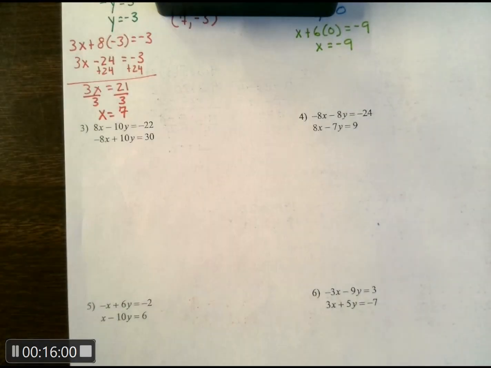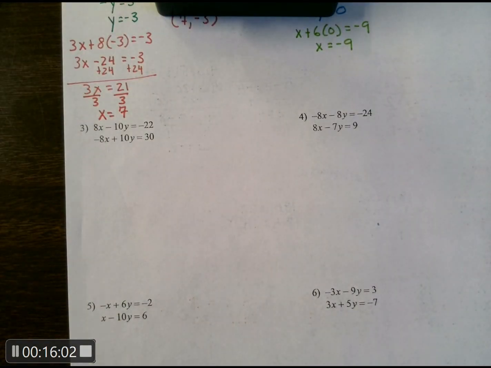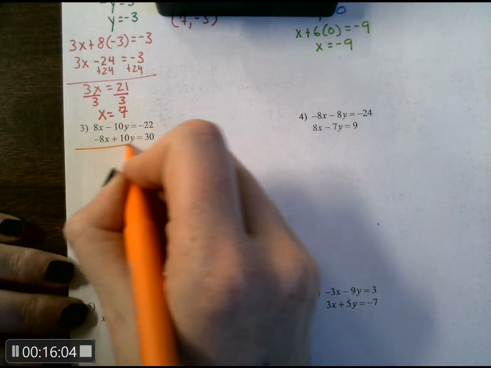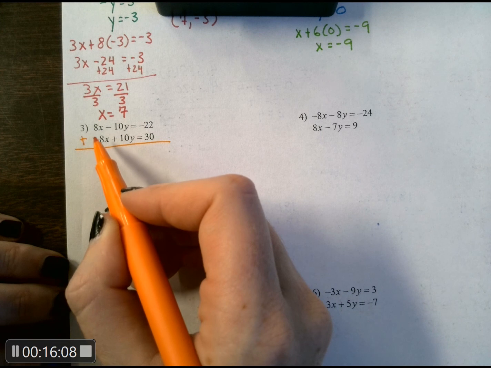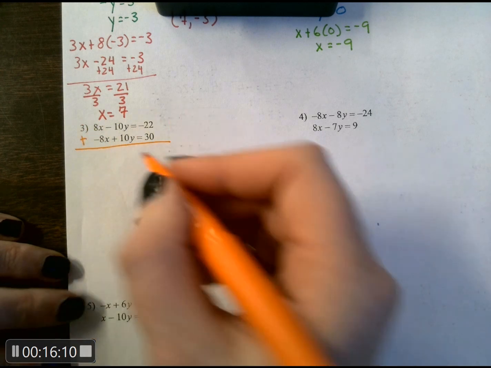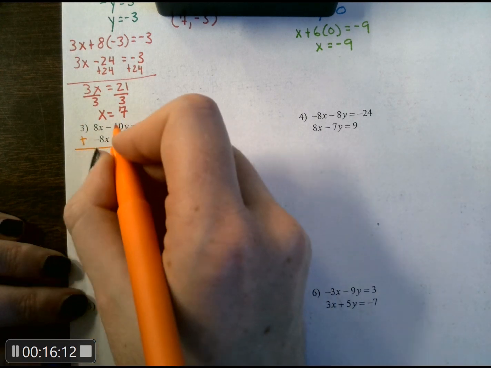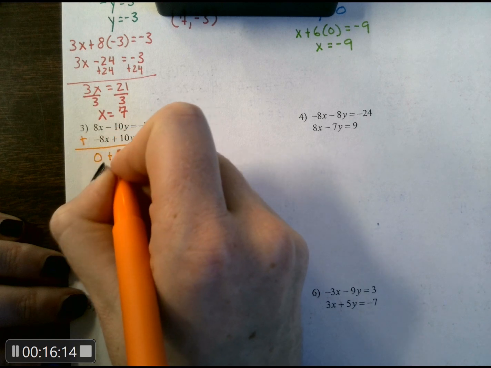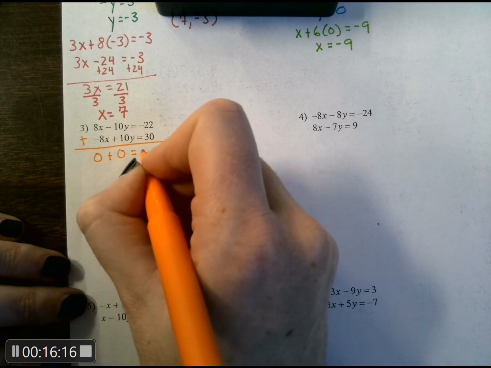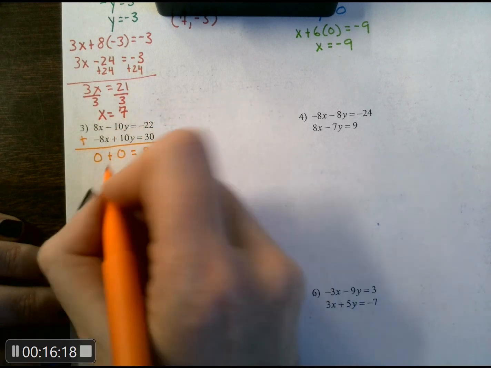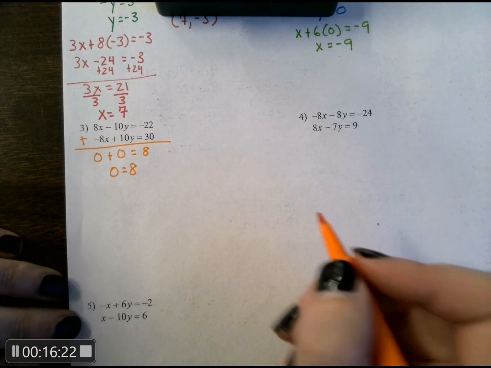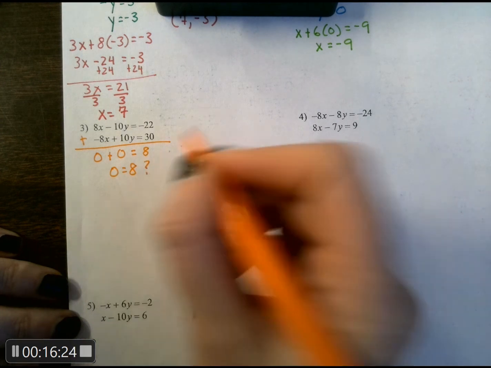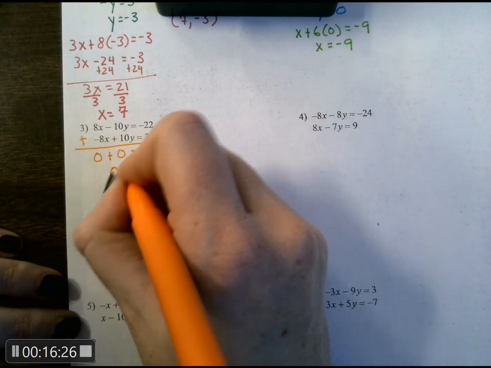Alrighty. For number 3, again, we can just go ahead and add them because our numbers are the same with different signs. So 0 plus 0 equals 8. So we have 0 equals 8. Is this true? Does 0 equal 8? Nope.